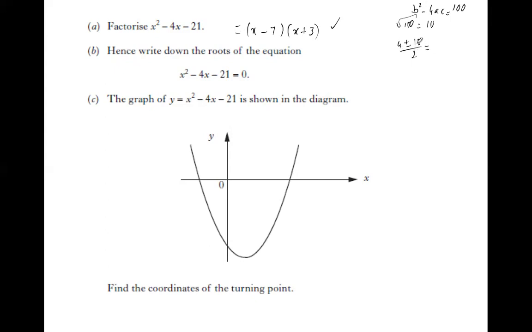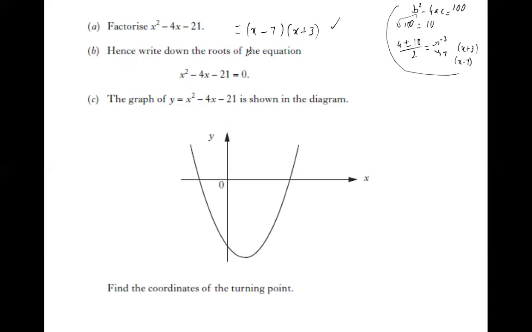So 4 minus 10 is negative 6. Negative 6 over 2 is negative 3 for one answer. And 4 plus 10 is 14. 14 divided by 2 is 7. So you know that you need x minus 7 for one of them, times x plus 3 for the other one. So you could find these by using what you've learned today, if you can't do MAM.